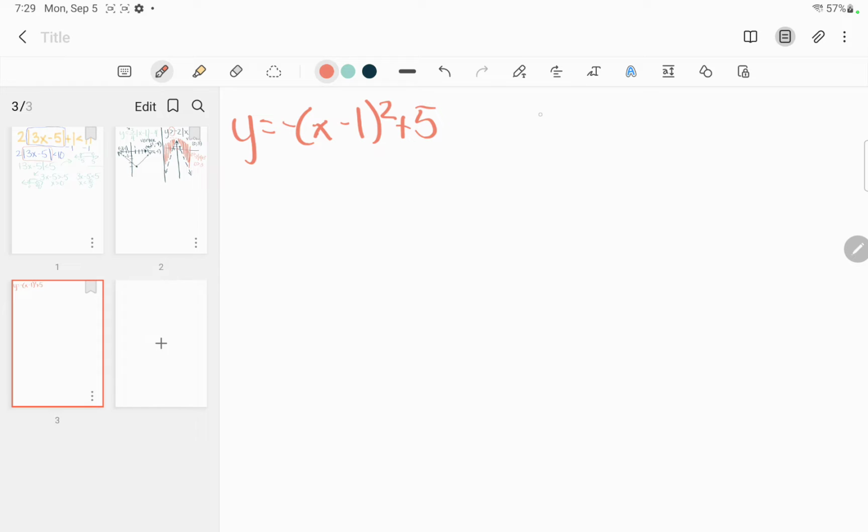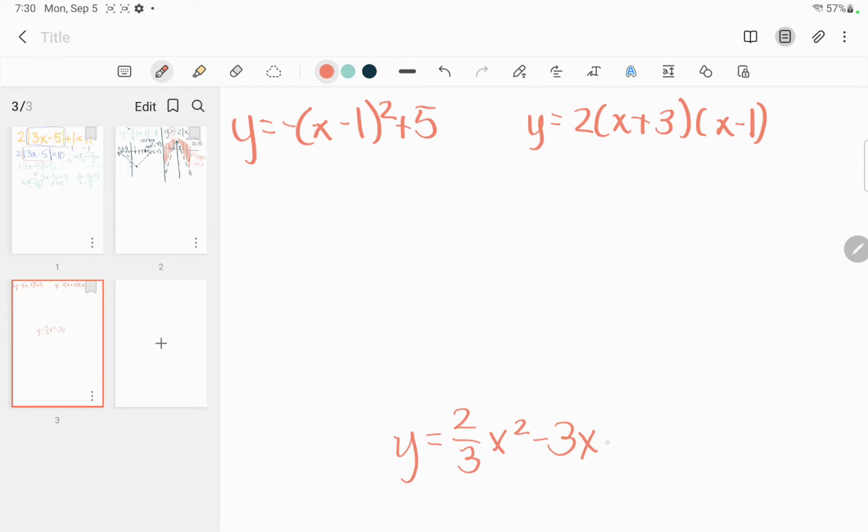It's a vertex form, or we could have intercept form, or we could have standard form. And standard form is that y equals ax squared plus bx plus c. So all of these are things that you could be required to graph.